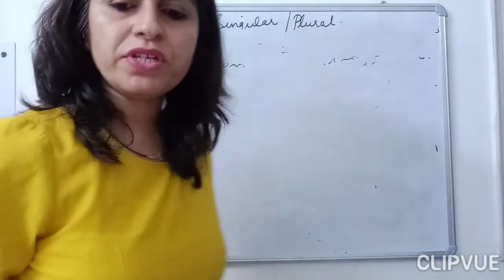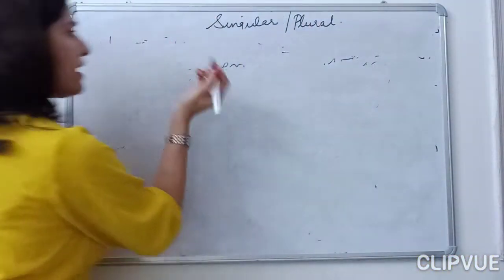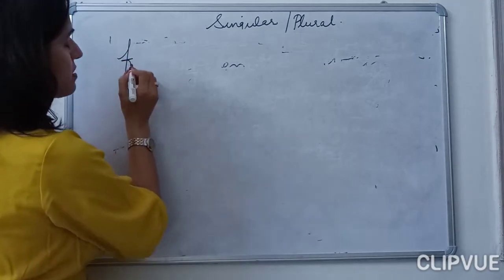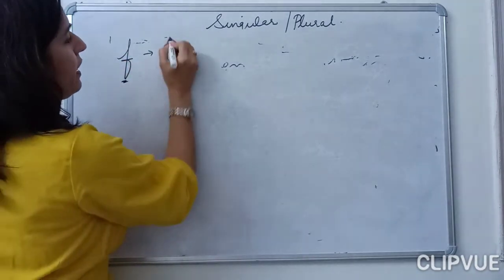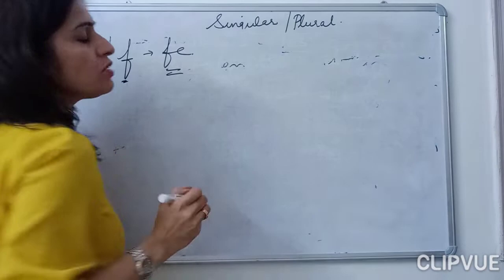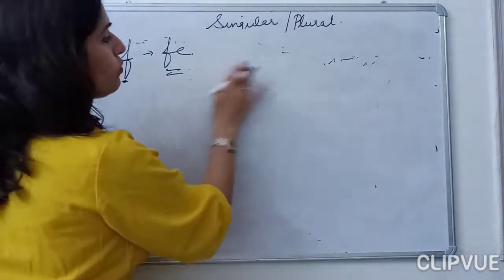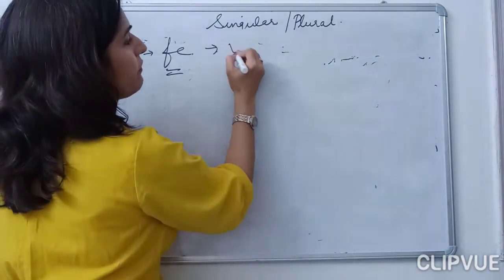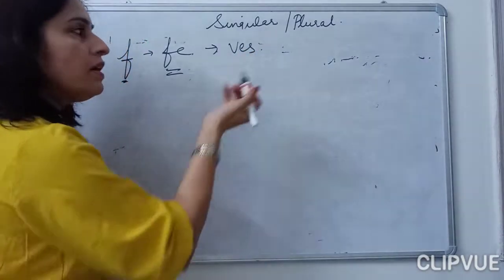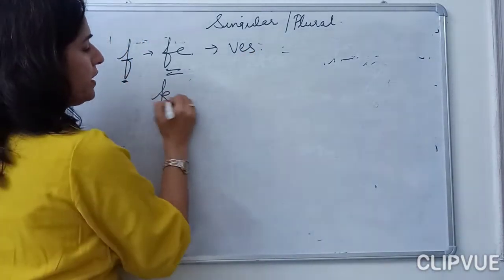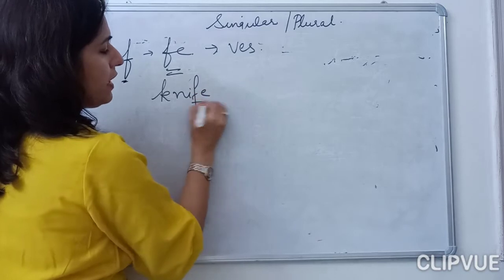Now here, children, there is another rule of changing it. The last rule is, children, if there is a letter F or F-E. How do we replace it? We add V-E-S. Simple example, children. Suppose I take knife, F-E.